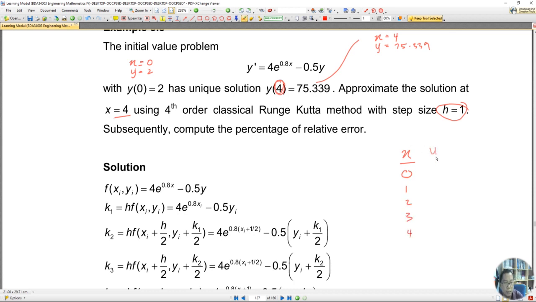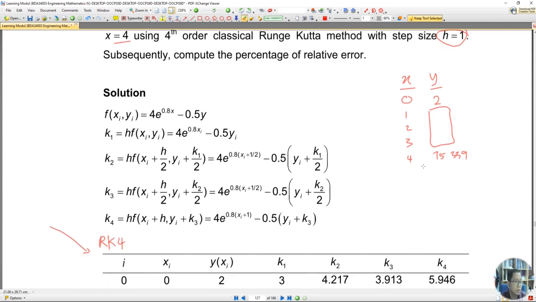While for y, when x equal to 0, y equal to 2, and when x equal to 4, y equal to 75.339, and the rest you have to identify by yourself.